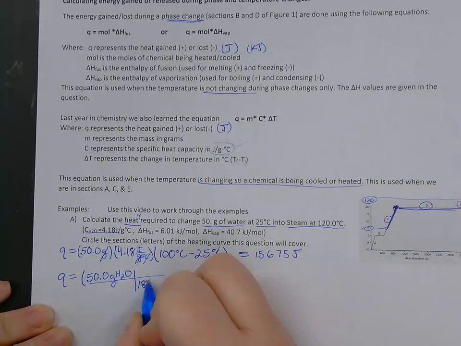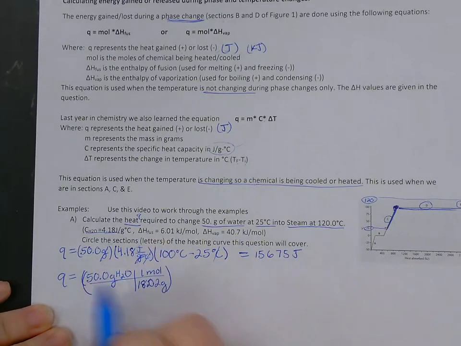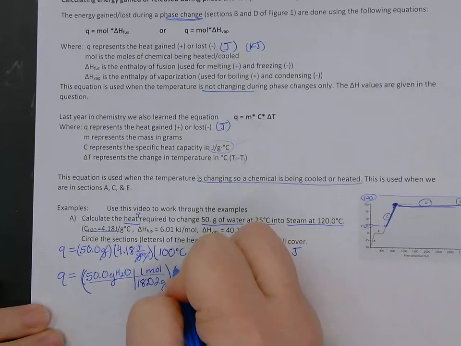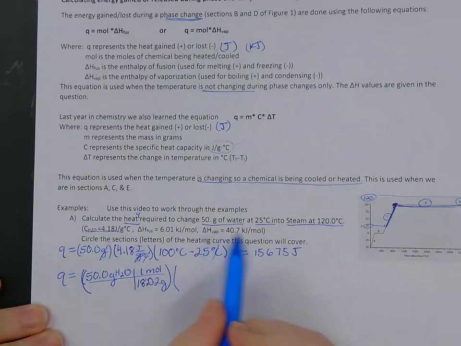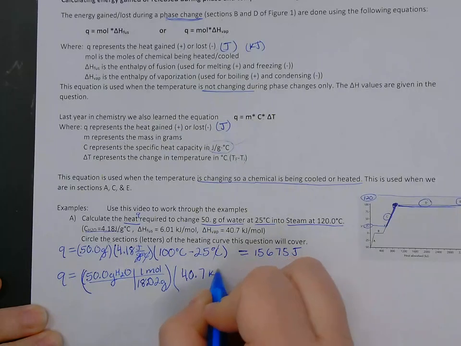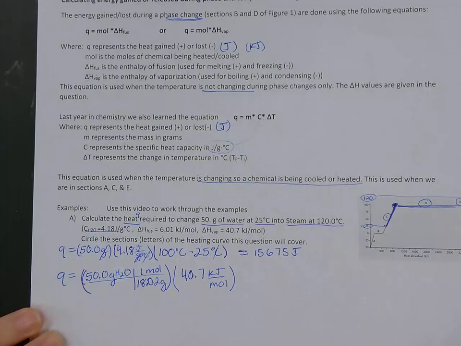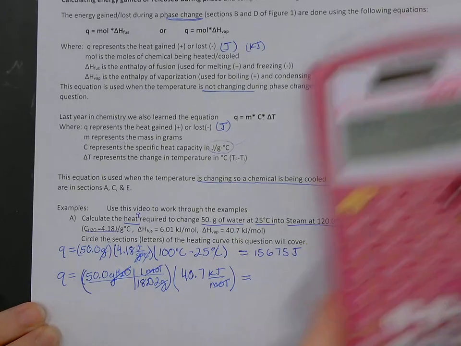So the molar mass of water is 18.02 grams per mole. So we're going to have to just divide that value, and then we're going to multiply it by our heat of vaporization, or enthalpy of vaporization, which is 40.7 kilojoules per mole. All right, if we look at our numbers, we'll have our grams cancel, we'll have our moles cancel, and we are going to be left with kilojoules.